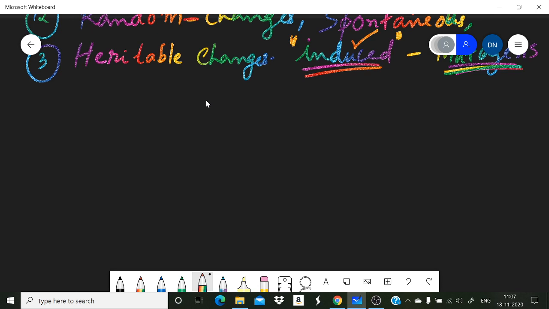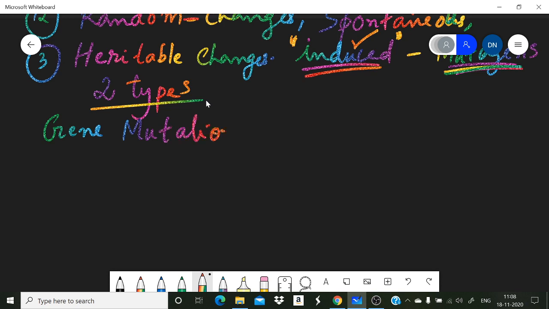And there are two types of mutations. They are gene mutations and chromosomal mutations, or chromosomal aberrations.